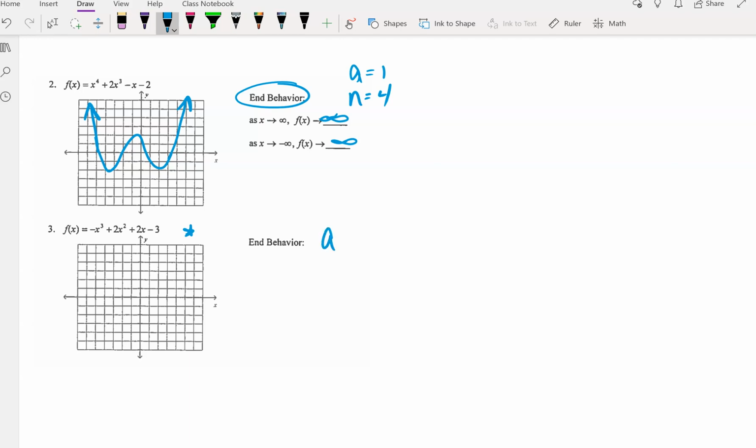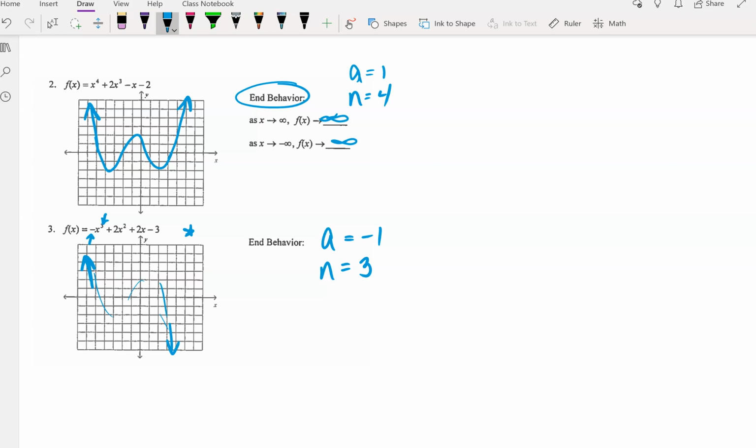My a value is negative. It's a negative 1. The degree of my function is odd. It's 3. So we're looking at this number right here, negative 1, and we're looking at this number right here, 3. So I know, just based on that information, and not sure about what's happening in the middle, but I do know that it will eventually be opening up to the left, and then it's going to go down to the right.